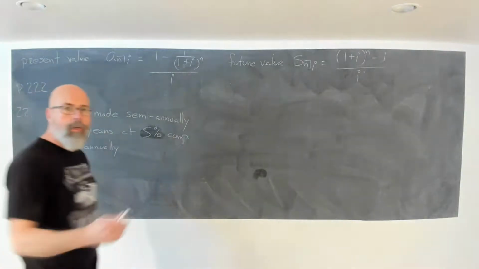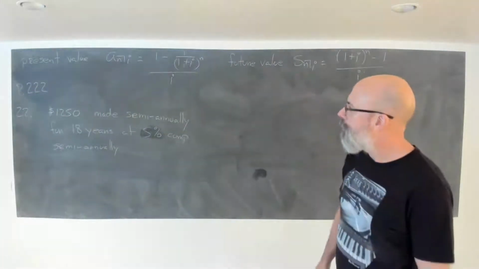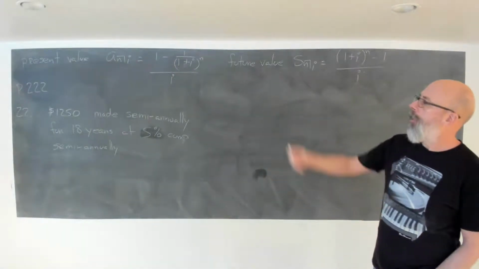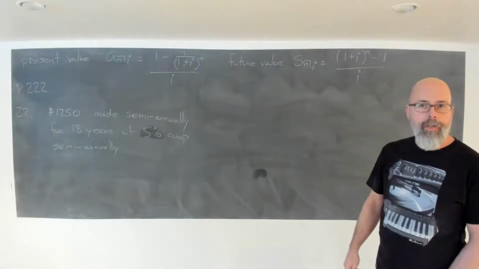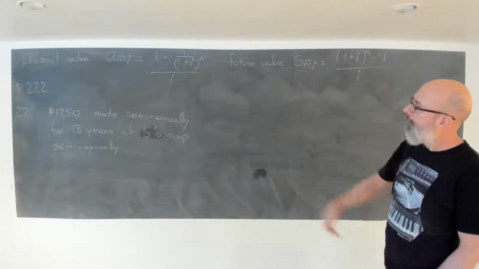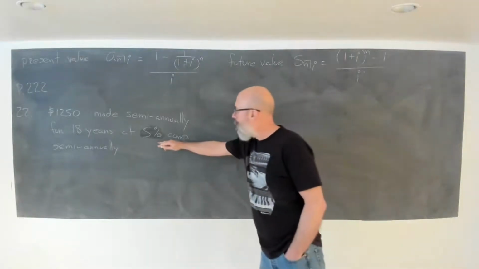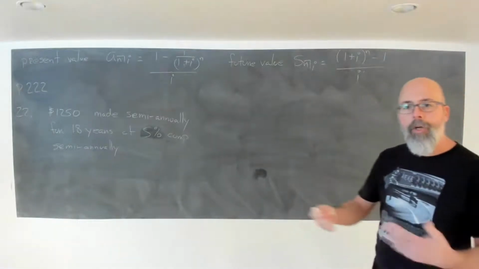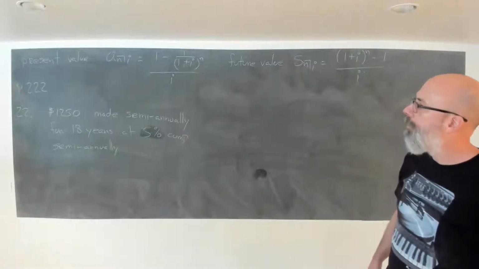Right, so the question is, what is the future or accumulated value of these payments? You can imagine yourself putting $1,250 in the bank twice a year in an interest-bearing account, giving you 5% compounded semi-annually for 18 years. How much money are you going to have at the end of 18 years?